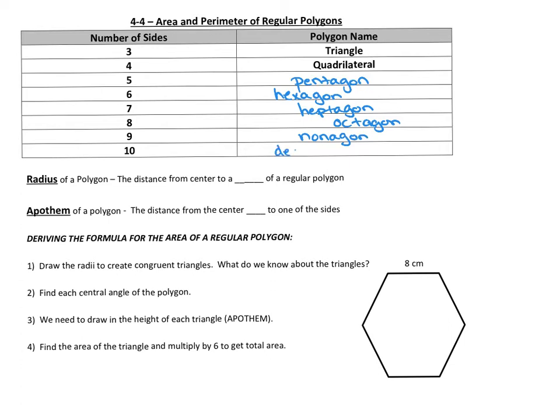And 10 sides is a decagon. After that, with the exception of 12 sides, really everything's just an n-gon based on the number of sides that you have.